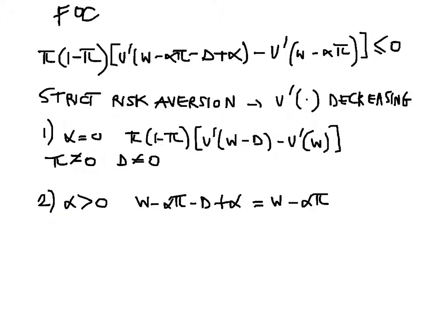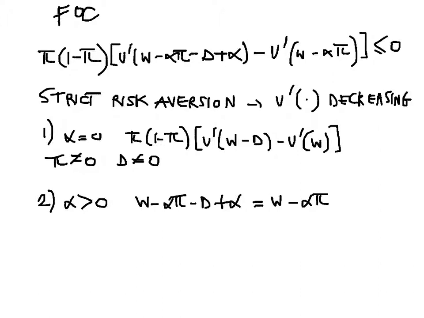So we now have to consider the situation where alpha is strictly positive. Then the only solution here, again, assuming that pi cannot be equal to 0, would be that this entire term up here is either negative or equal to 0.